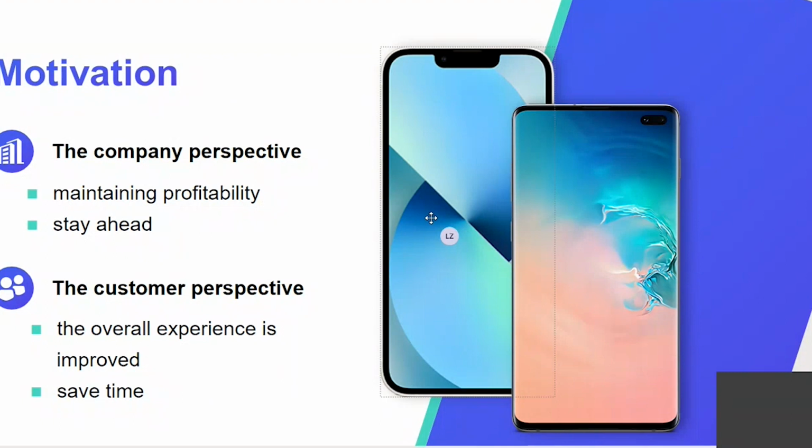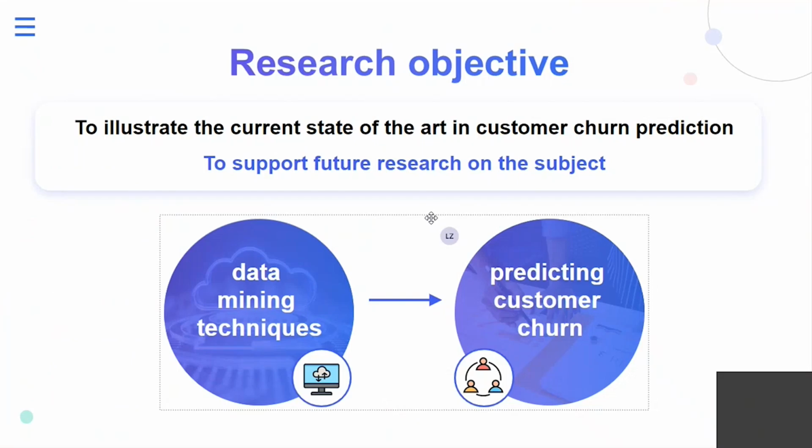And from the customer perspective, the overall experience is improved as companies often optimize their products and services to retain customers who they may lose, and this also saves customers time as they do not need to look for new companies and products.